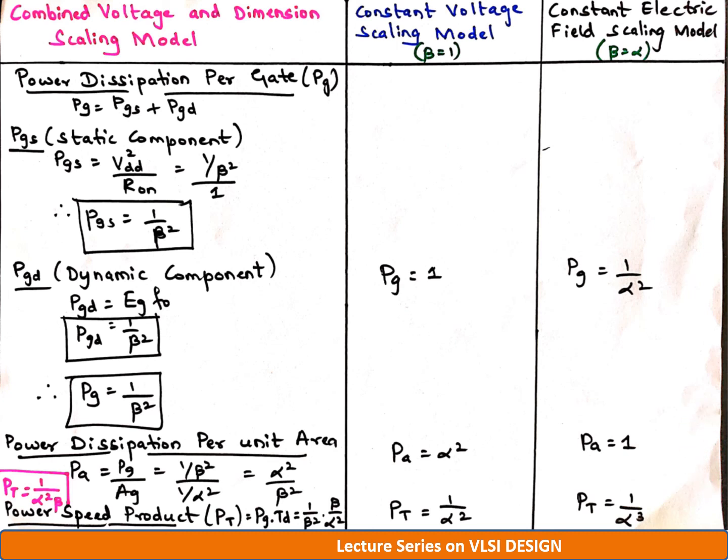Scaling is shrinking the dimensions of a device to improve the performance. There are two types of scaling factors, 1 by alpha and 1 by beta, and we have three scaling models: combined voltage and dimension scaling model, constant voltage scaling model, and constant electric field scaling model.